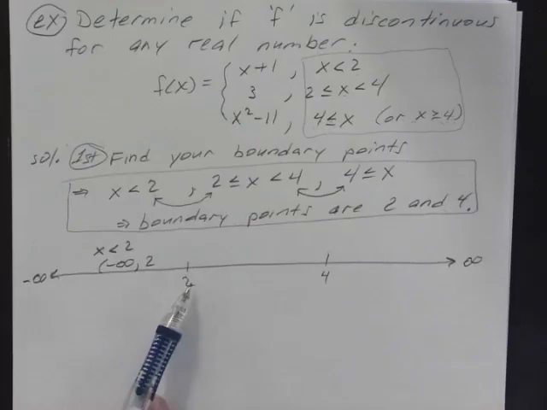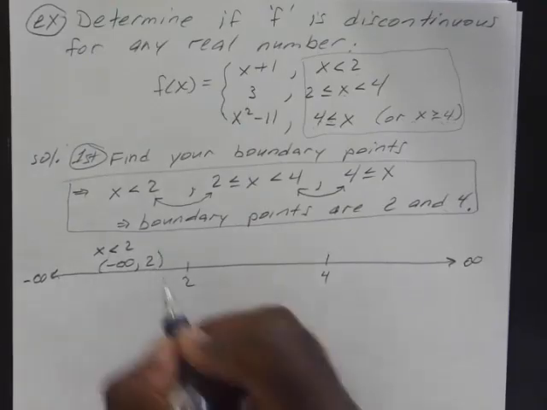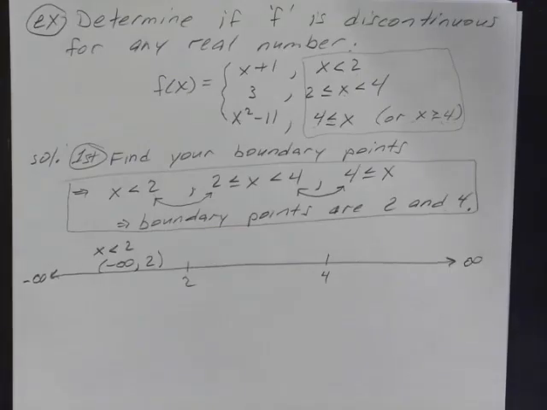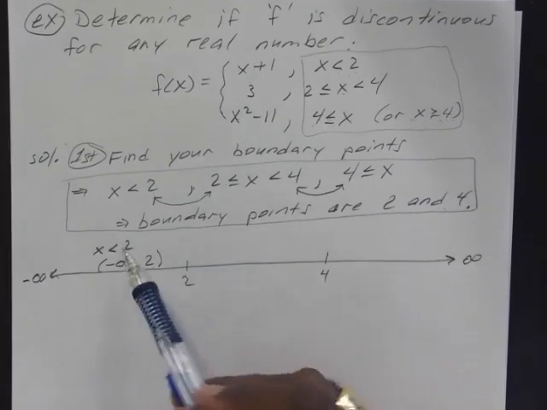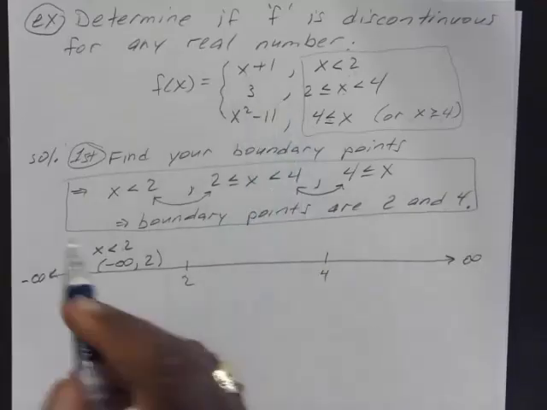And 2 is going to have a parenthesis next to it, only because you have the less than and not the less than or equal to. And we know when x is less than 2, your f of x is equal to x plus 1.